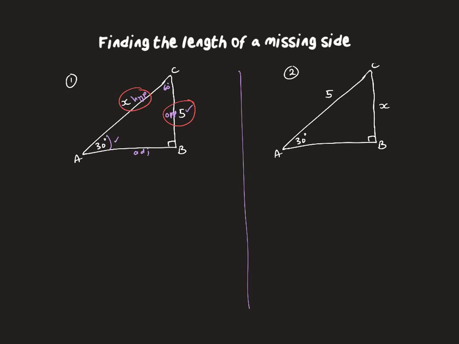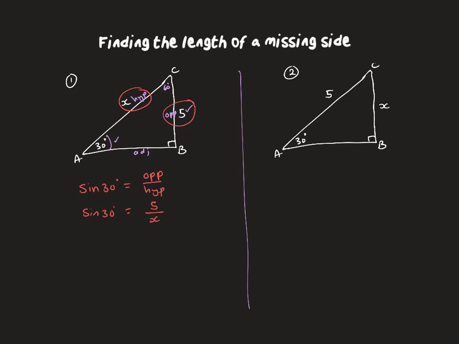That, of course, will be sine. So sine of 30 degrees is equal to opposite over hypotenuse. Sine of any angle is opposite over hypotenuse. The opposite is 5, and the hypotenuse is x. It's an unknown. All right? So I'm just going to leave that there for now.